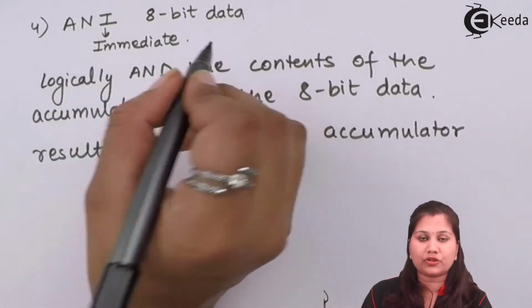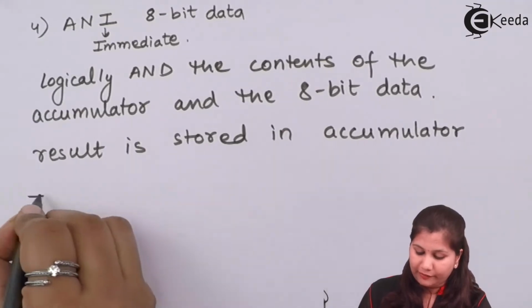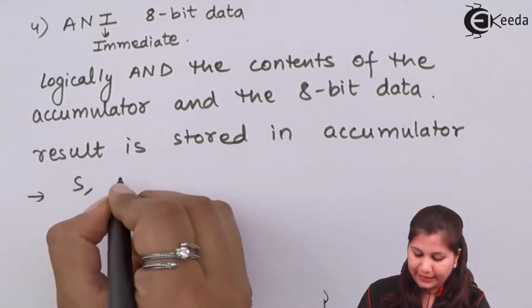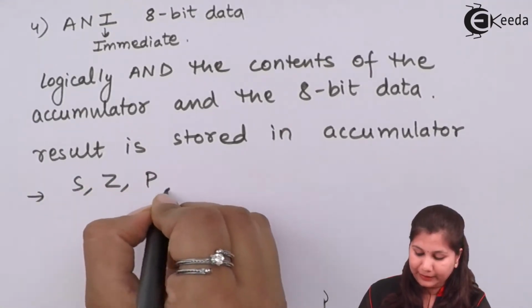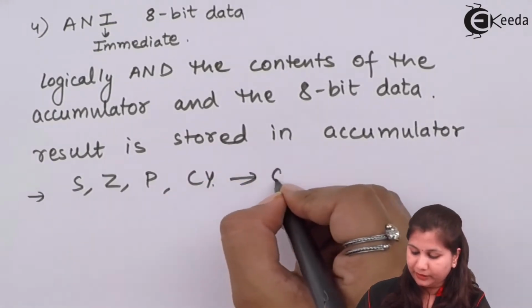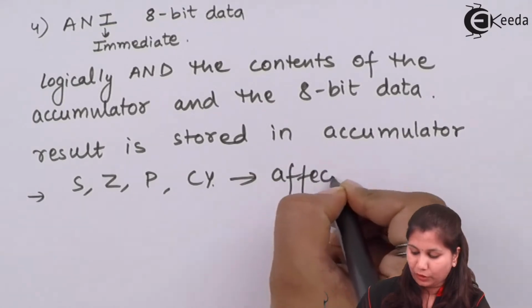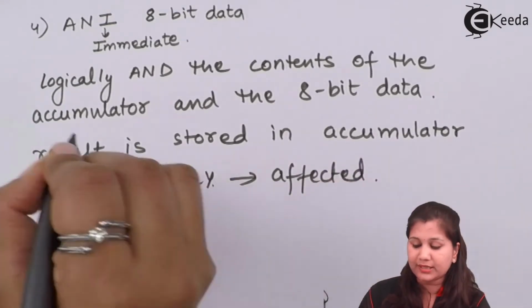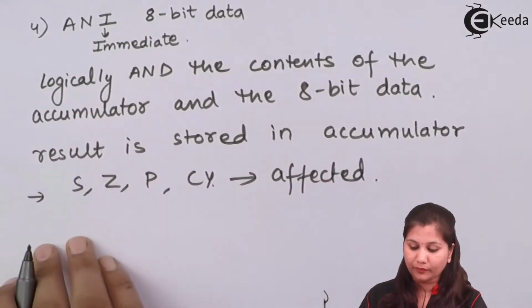And due to this instruction, all the flags are affected, like sign flag, zero flag, parity flag, carry flag, all the flags will be affected, or we can say modified due to this instruction.